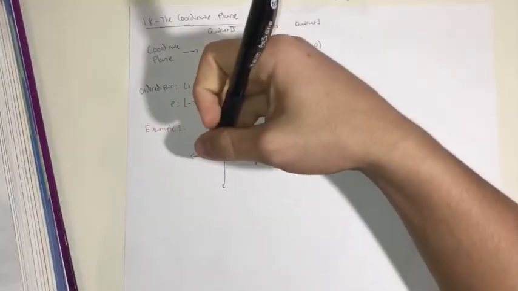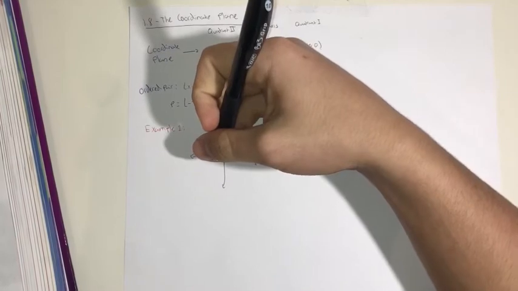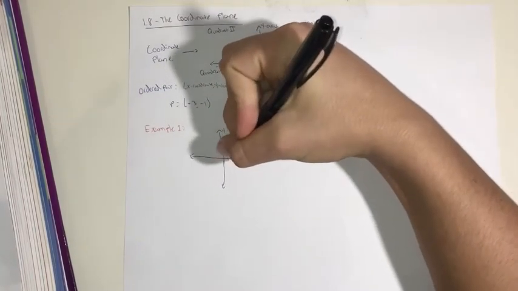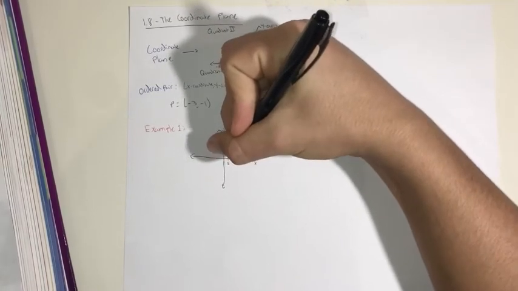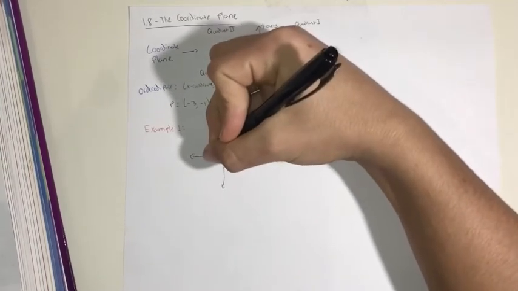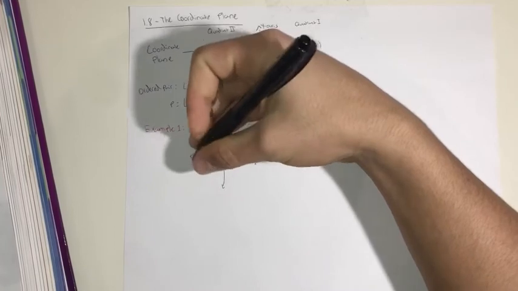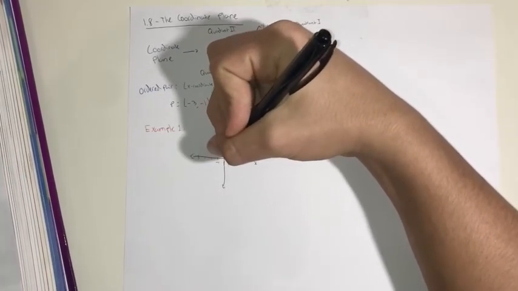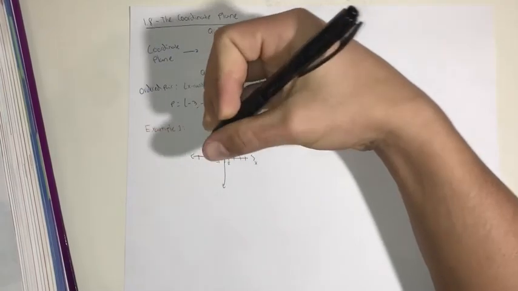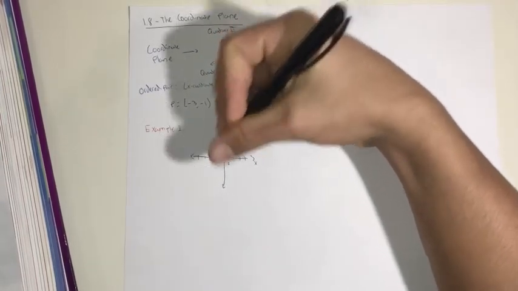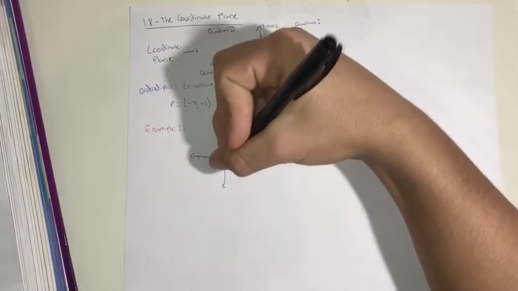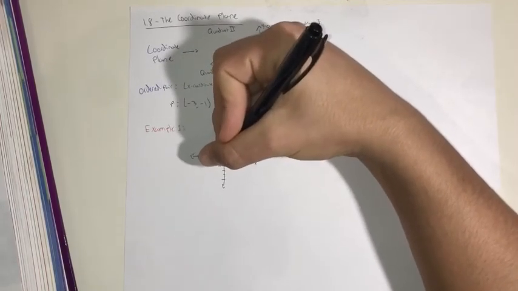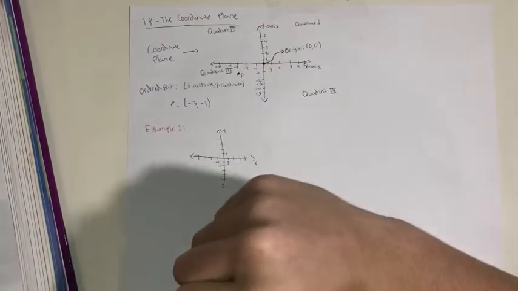Here we have point A, which is 1, 2, 3, 4. These are all singles. This is 1, 1, 2, 3, 4. This is -1, 1, 2, 3, 4. This is 1, and then 1, 2, 3, 4. This is -1 over here. So it gives us point A and point B.